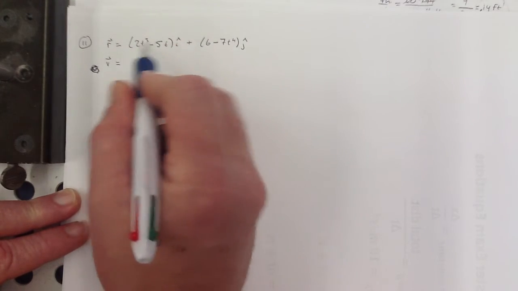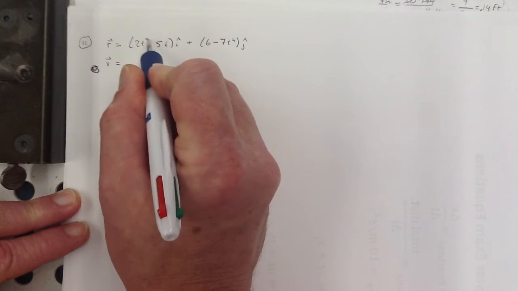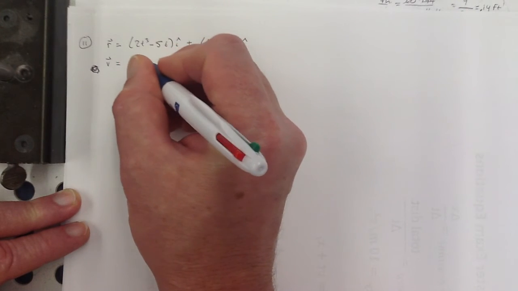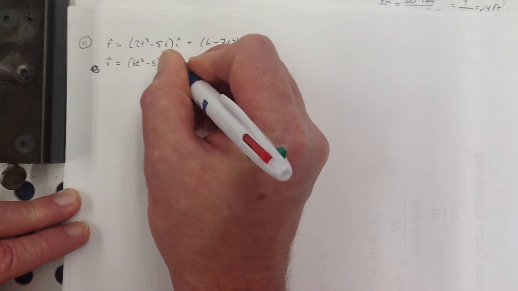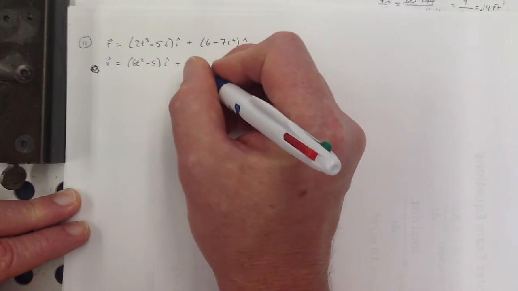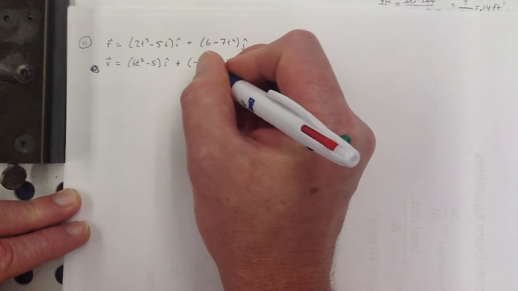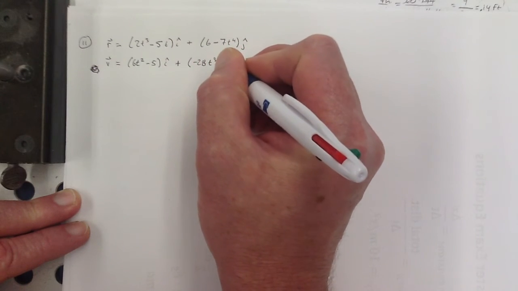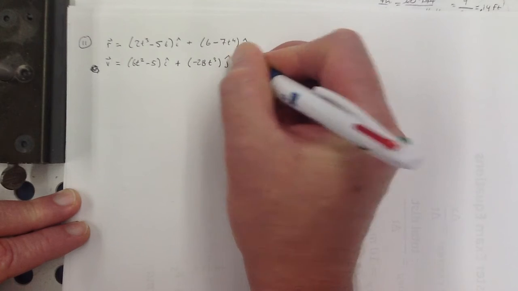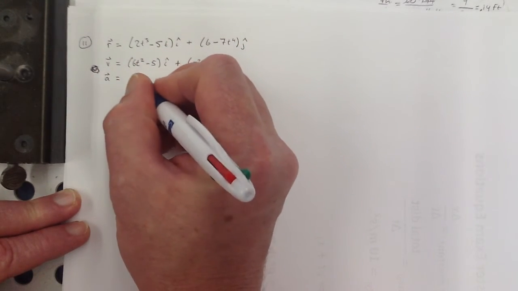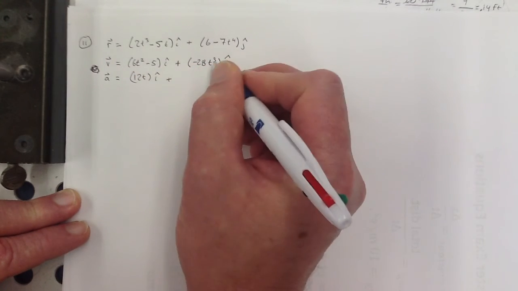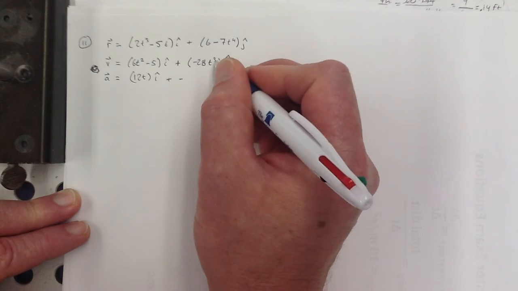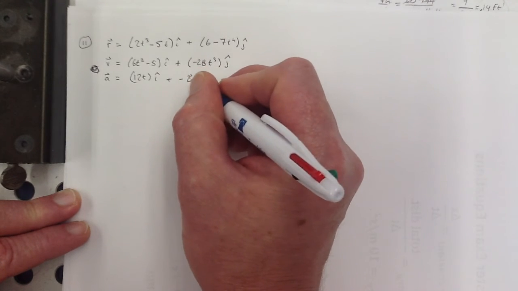The velocity would be the derivative of this, so that would be 6t squared minus 5 plus negative 28t cubed j, and the acceleration, the instantaneous acceleration, would be derivative of that. Is that negative 84?